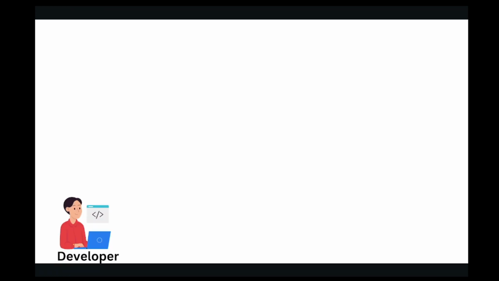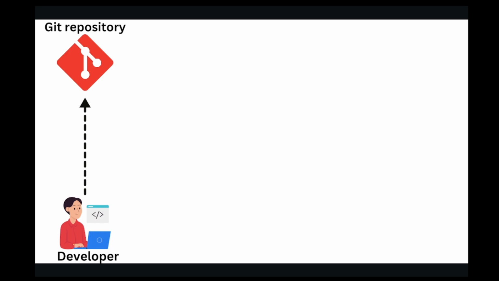So now let us understand the GitOps workflow. Before that, let me show you a simple software delivery process, how it works when GitOps is not implemented. We will have a developer who writes the code and pushes it to the Git repository, that is your GitLab, GitHub, or Bitbucket.